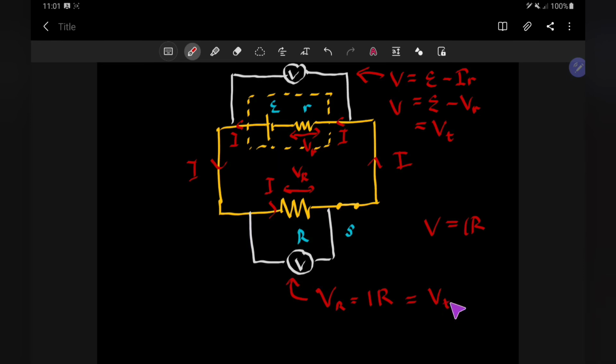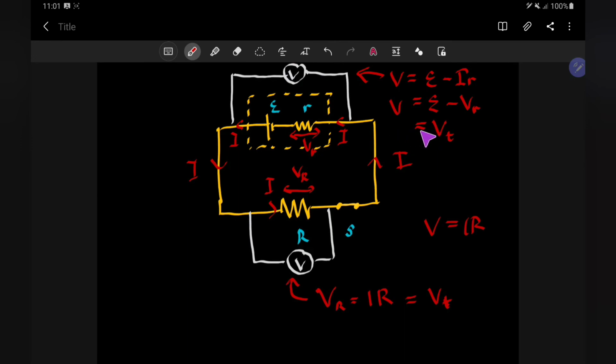So what is V terminal actually? V terminal is the potential drop across the external resistor, or actually the balance of the potential supplied. This is the potential supplied by the cell, already used a little bit by the internal resistance, which is the potential drop. Supply and drop. So the net potential supplied is V terminal.